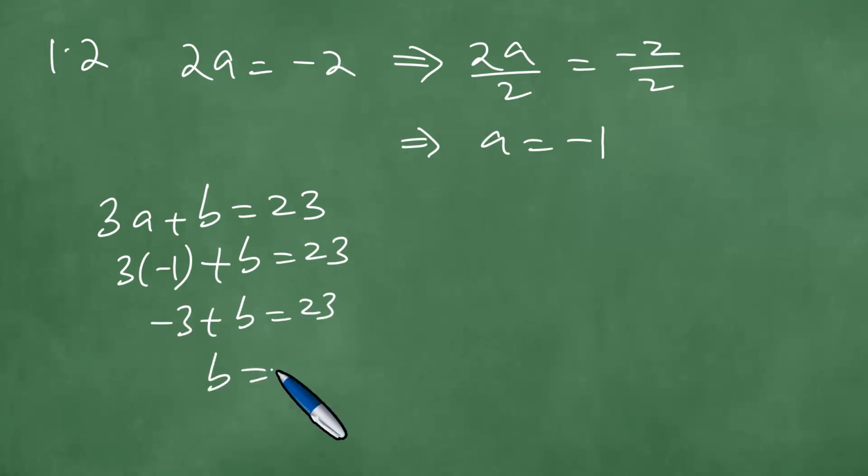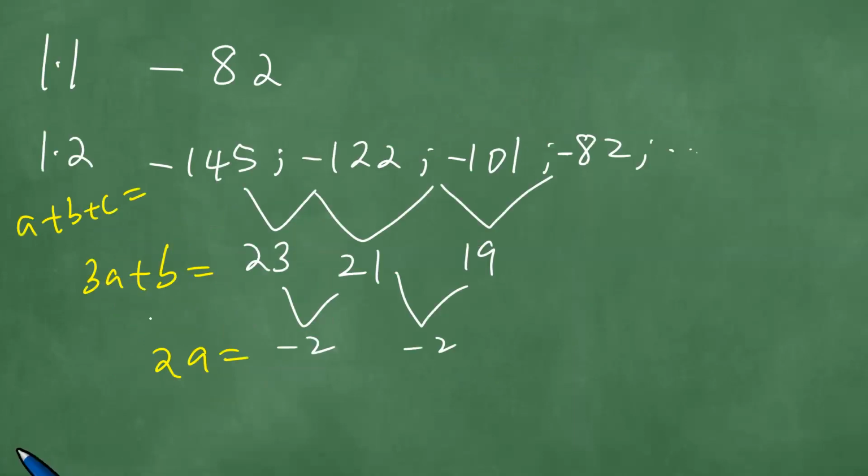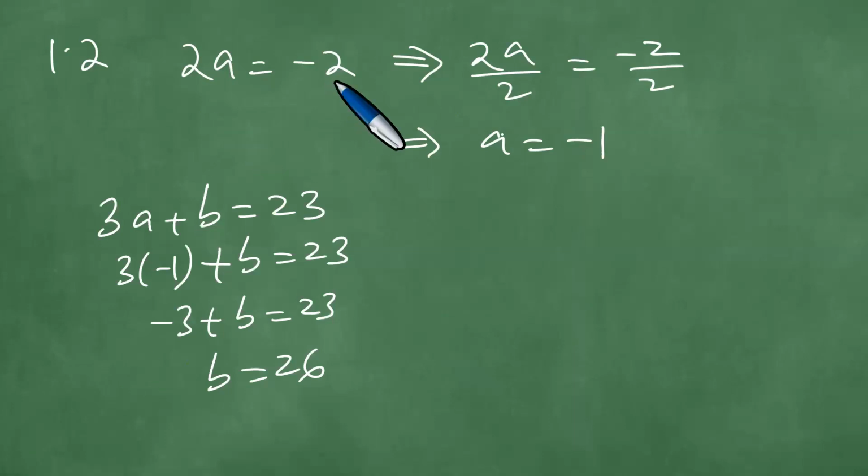You bring the 3 across to give us 26. So we have b equals 26. The 3a plus b equals 23 came from here. We first used 2a equals minus 2, which produced the a.